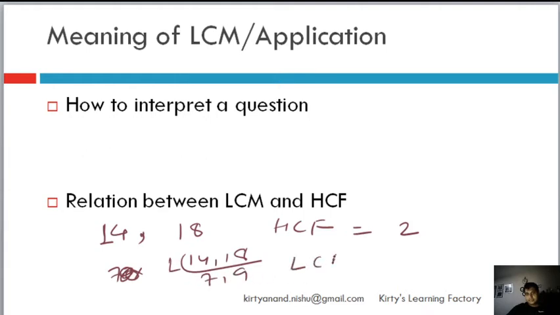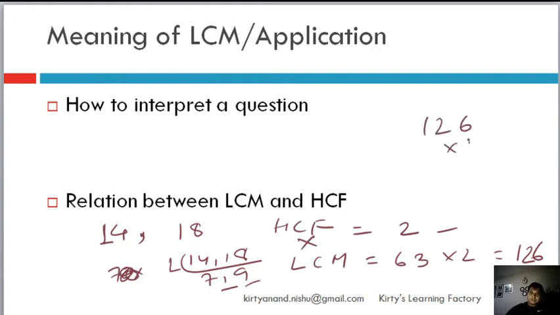So the LCM will be 63 into 2, 126. 126 is the LCM and 2 is the HCF. Now what I will ask you to do is multiply the HCF and the LCM. So 126 into 2 will give you 252.